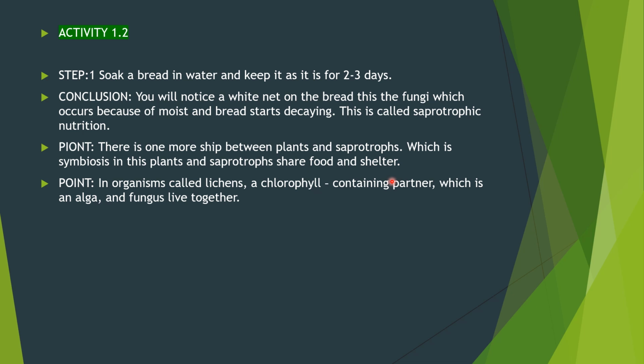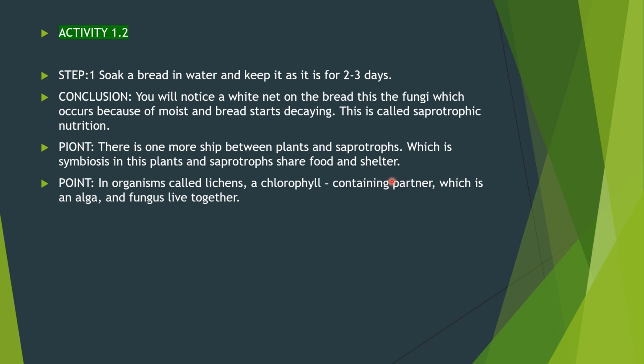So it's nothing but symbiosis. The plant is giving food to the mushroom, and also sharing a shelter between the branches of the tree. So this is the relationship called symbiosis.